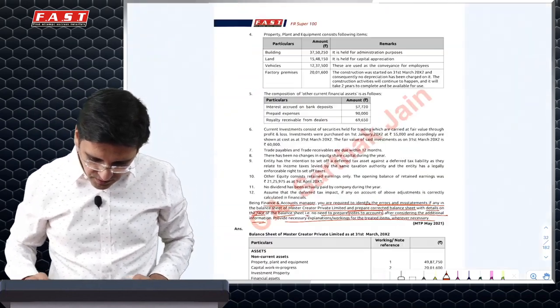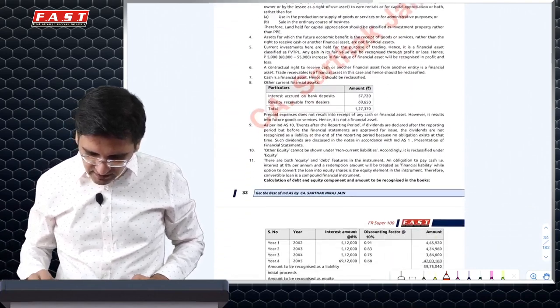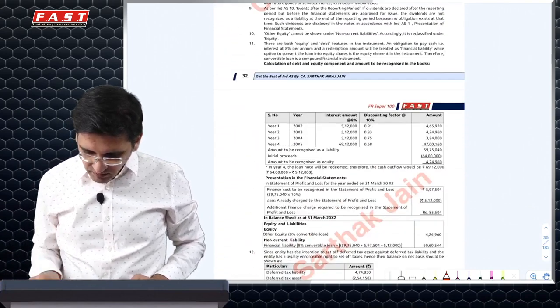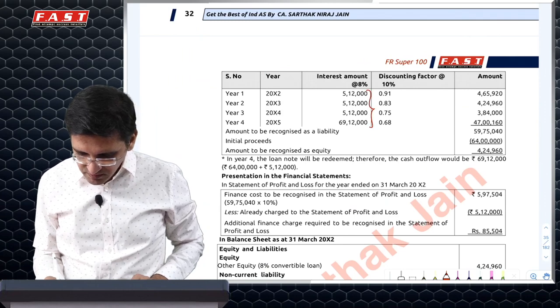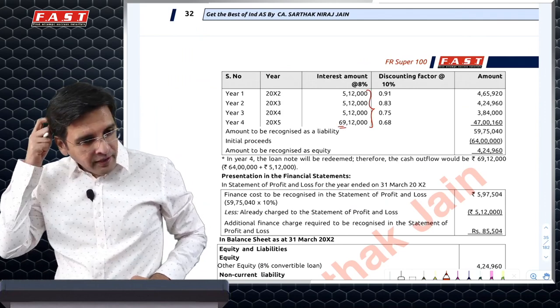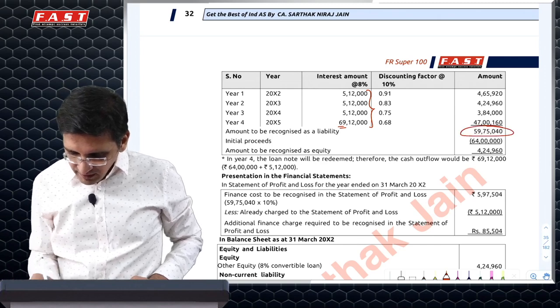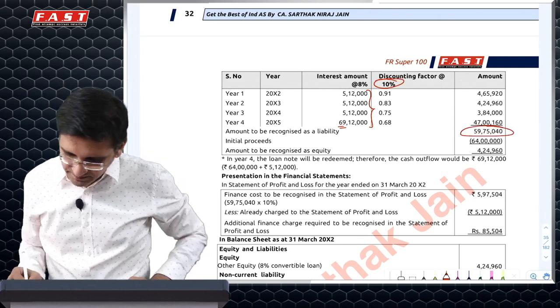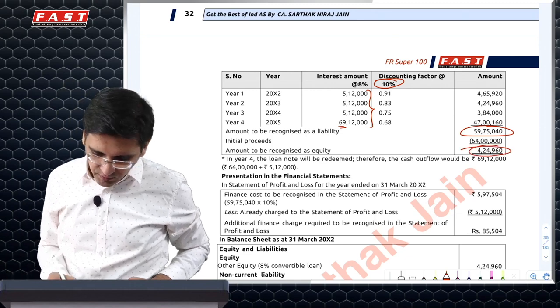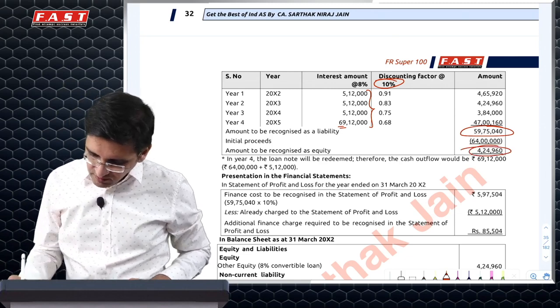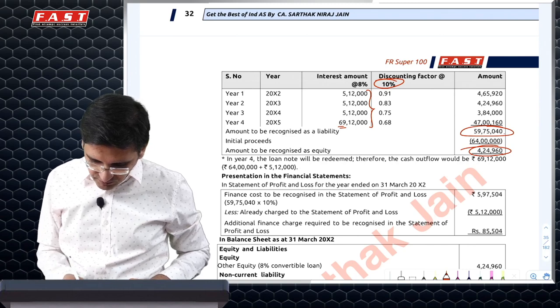So if you see the solution, what they've done is calculate the present value of the actual payments, 5,12,000 for 4 years plus 64 lakhs of loan, discounted using the market rates, and this difference is the equity component. And the finance cost will be 5,975,040 into 10%.